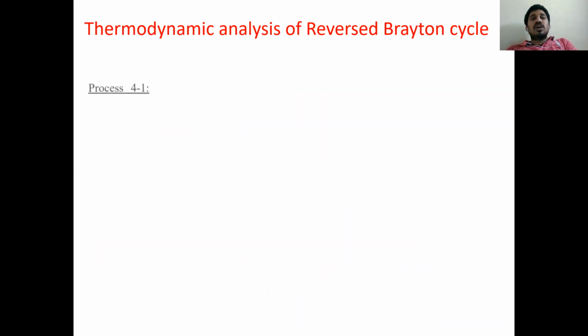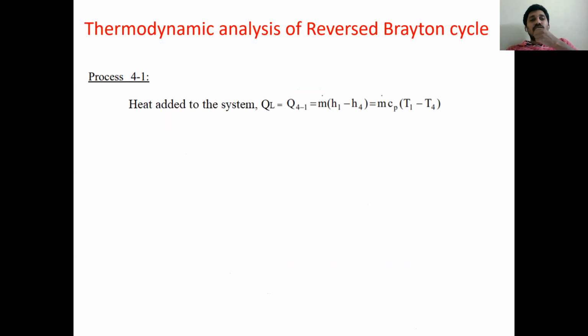The last process is process 4-1, heat addition or heat absorption to the system from the refrigerated space. So heat added to the system, QL, is equal to Q41, m delta H, m (H1 minus H4), m Cp (T1 minus T4). After heat addition, at section 1 the temperature value rises.